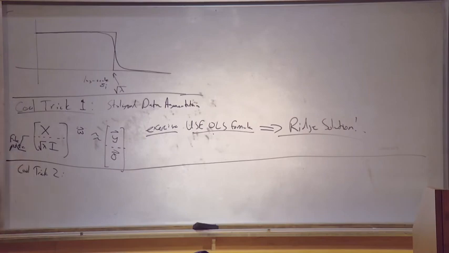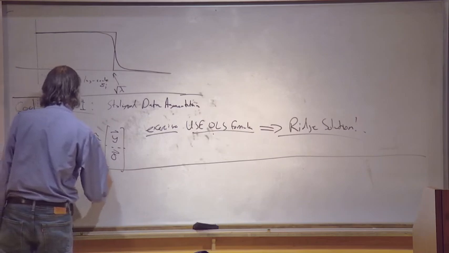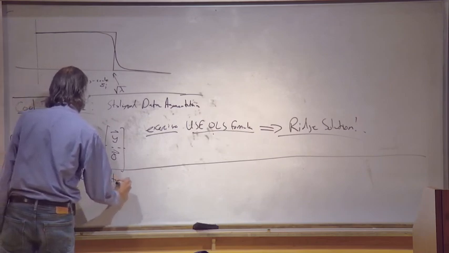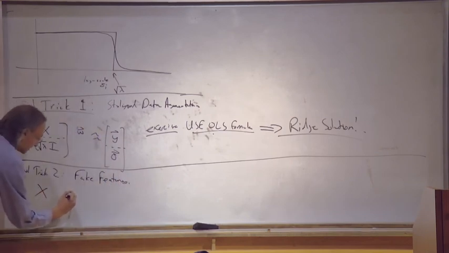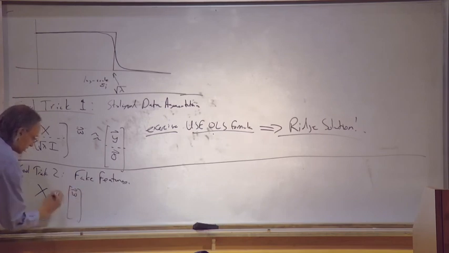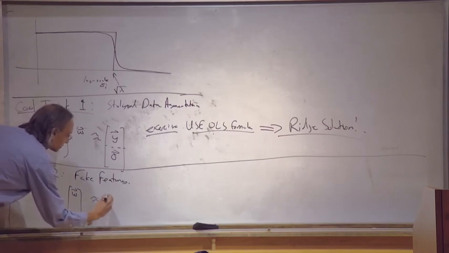So the other trick is, let's add fake features. So I have my problem, x w approximately equal to y.